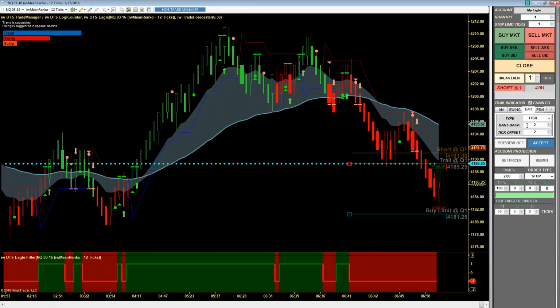So I'm currently 2 bars back with a 2-tick offset off of the high. That's what that means. That's all the wiggle room I'm giving the market on this trade. And it looks like there's a little bit of buying showing up. Maybe kind of, sort of.